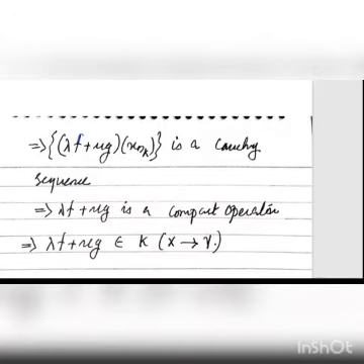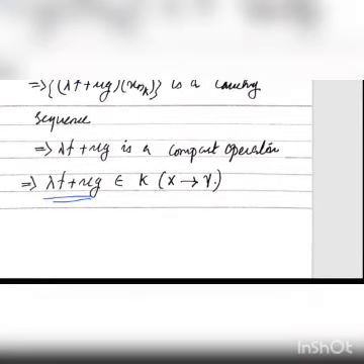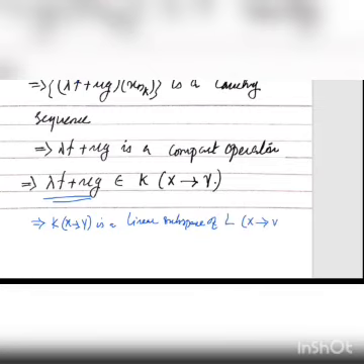That means lambda f plus mu g is a compact operator, which implies lambda f plus mu g belongs to K of X to Y, which implies K of X to Y is a linear subspace of L of X to Y. Thus we have proved the first part of the lemma. In the next class we will prove the other two properties.